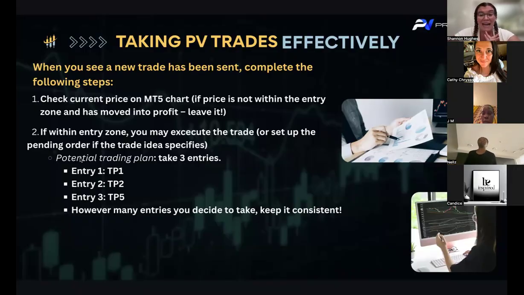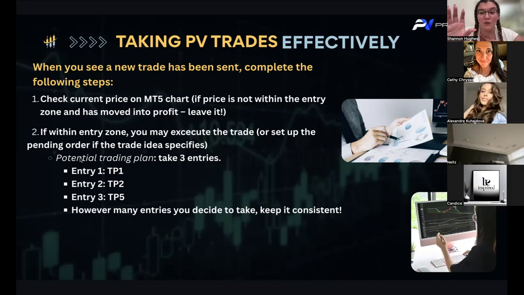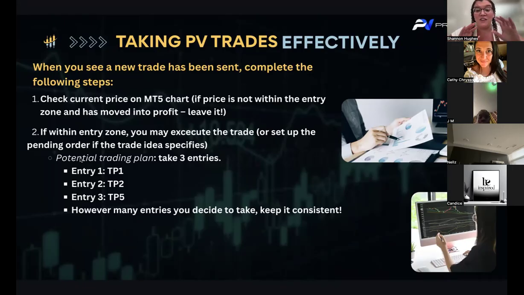Okay. So what I do with my trading plan is anytime I get a signal, I take 3 entries. The reason why I do that is because the majority of the trade ideas we get, especially when they're gold, give us 5 take profits. But if you have a small account and the stop loss is, for example, 70 pips, if you take all 5 entries for all 5 take profits, okay, you've basically just opened what's 7 times 5? 350 pips.